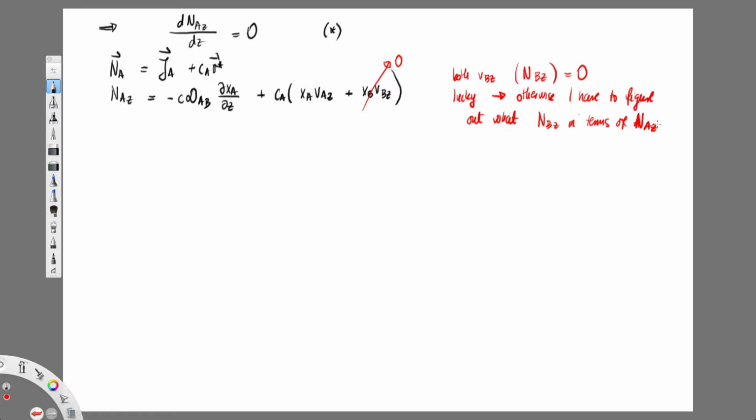So basically what I have here is minus C DAB. I can switch to regular derivatives because I have only a derivative with respect to Z, dXA dZ, plus XA C times XA VAZ.